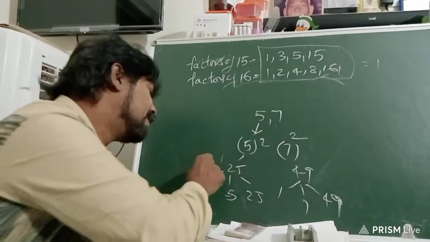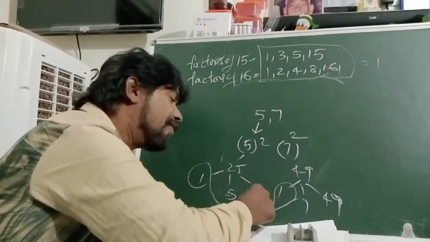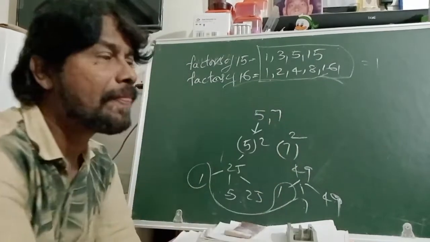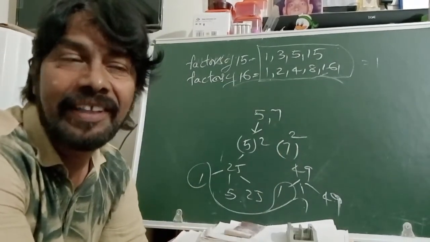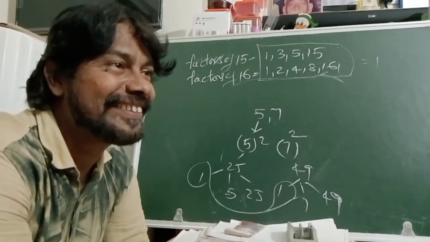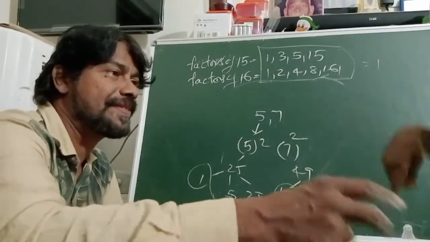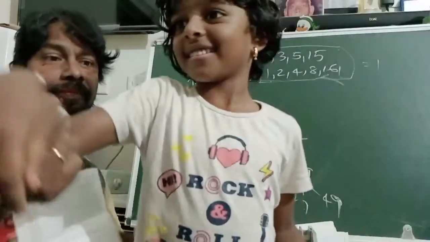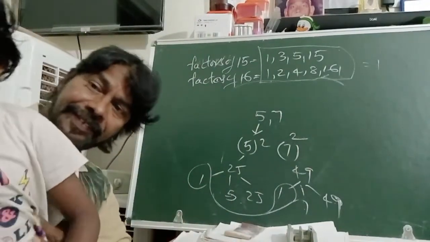So here only 1 is the common factor. So the squares of 5 and 7 are also co-primes.